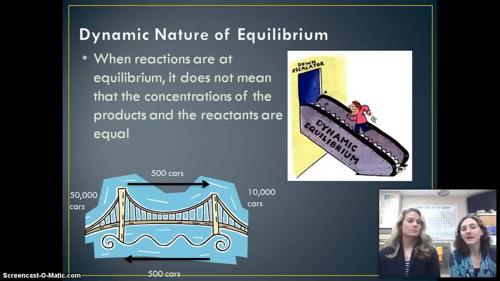Let's talk about the dynamic nature of equilibrium. When reactions are at equilibrium, the concentrations of the products and the reactants are not necessarily equal. Look at this guy on the escalator.